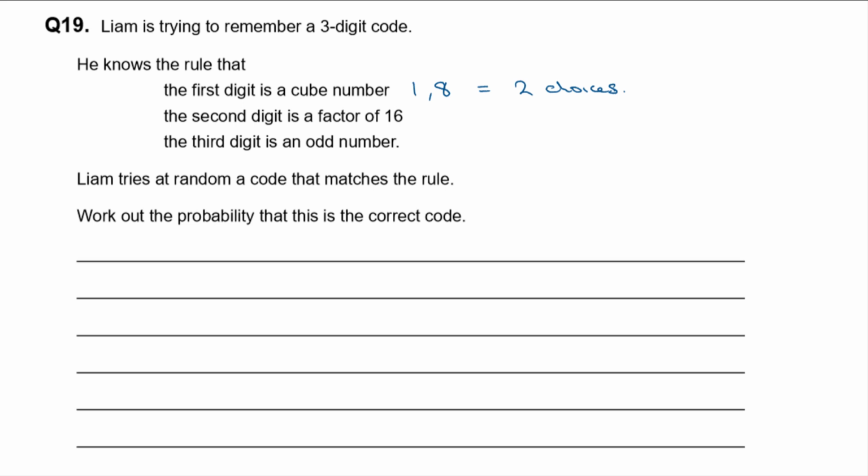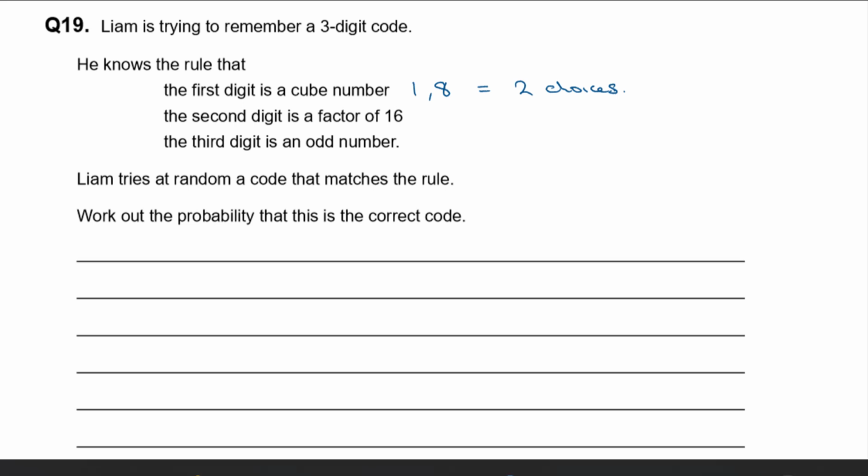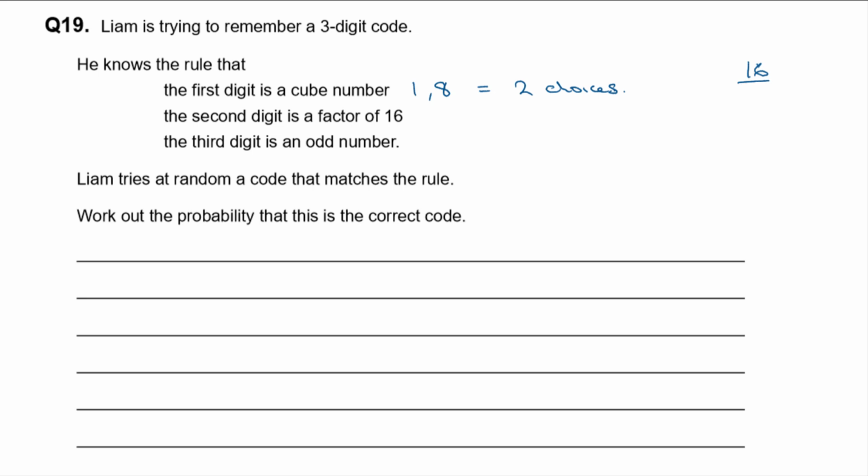The second digit is a factor of 16. What are the factors of 16? Got 1 and 16, 2 and 8, 4, and that's it. So that's 5 different factors, but only 3 of those are 1 digit, aren't they?